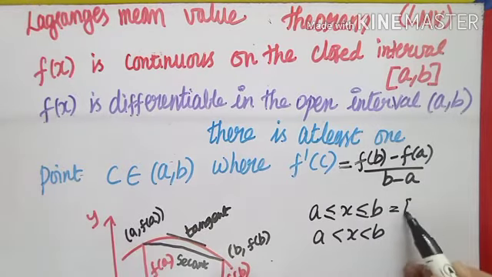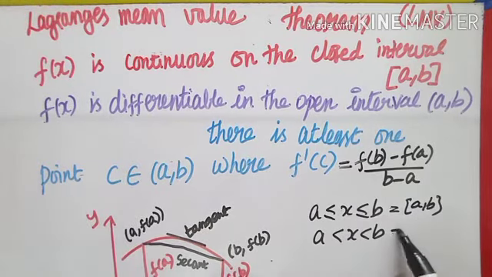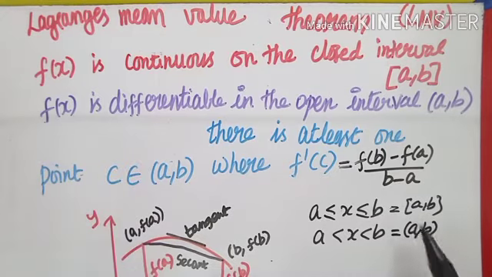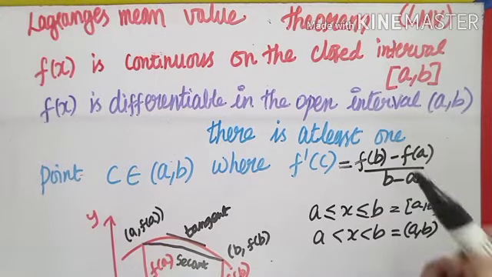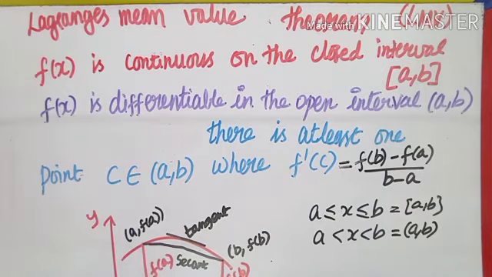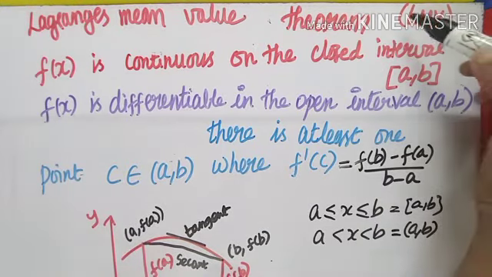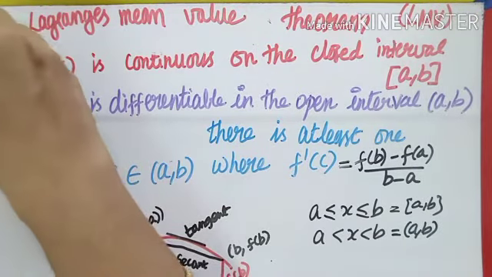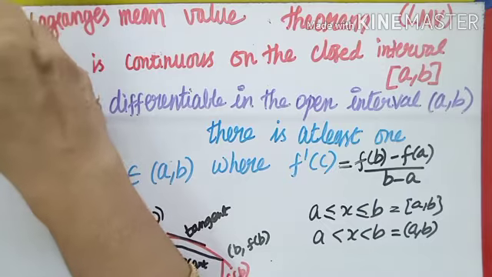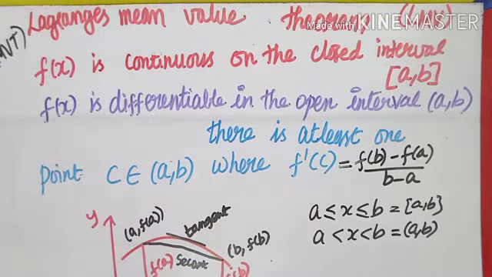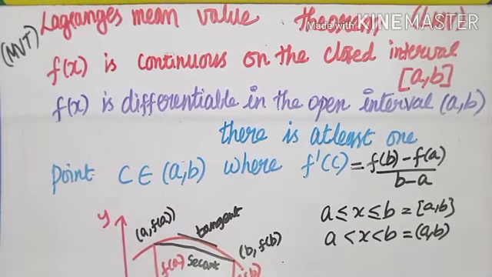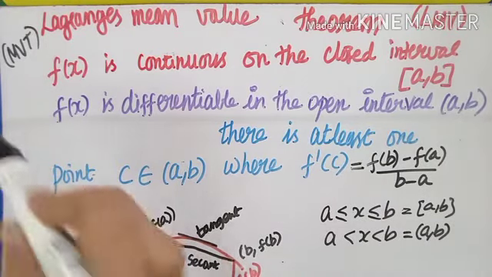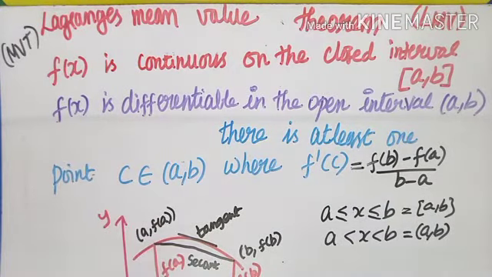This means closed interval and this means open interval. You must know whenever we are using it in the exercise. In different versions, we call it LMV, Lagrange's mean value theorem, or in short MVT, mean value theorem. So we call it in both ways, either LMV theorem or MVT. MVT stands for mean value theorem.